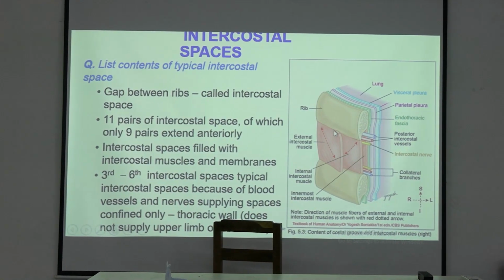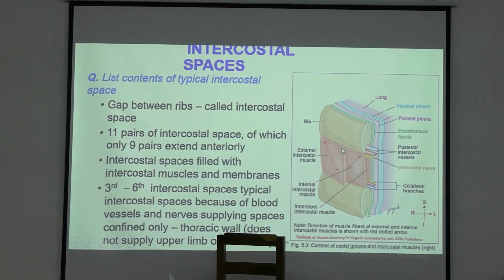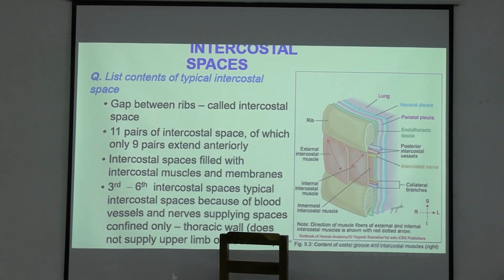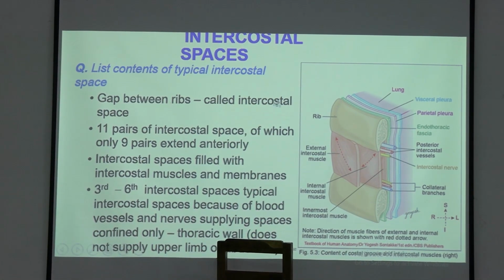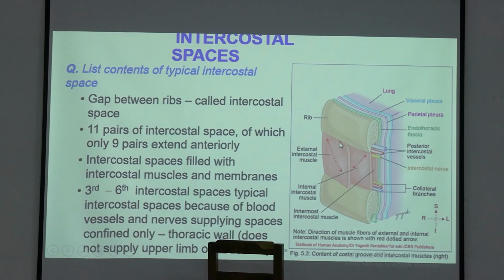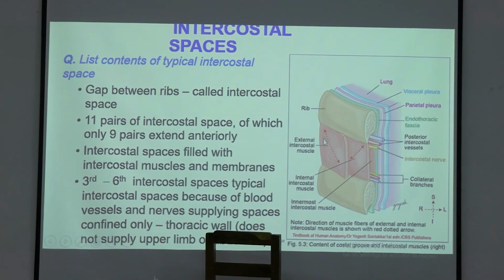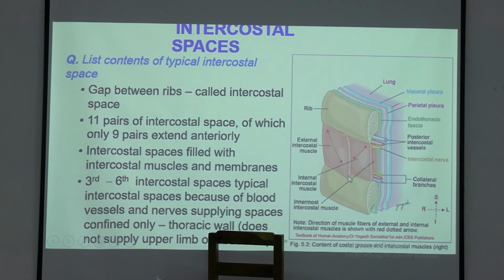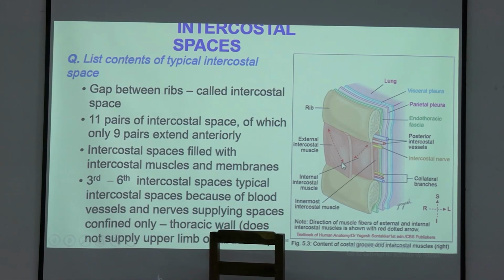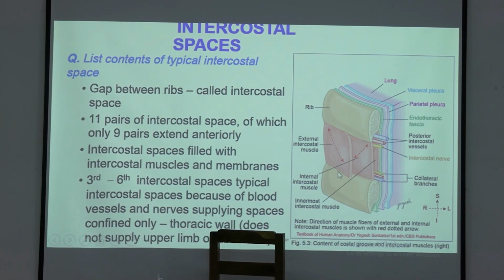This muscle takes origin from the lower sharp border of the upper rib. The fibers are directed downwards, forwards and medially, and ultimately it is inserted over the outer lip of the upper border of the lower rib.